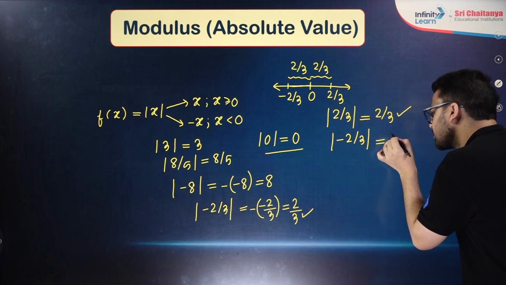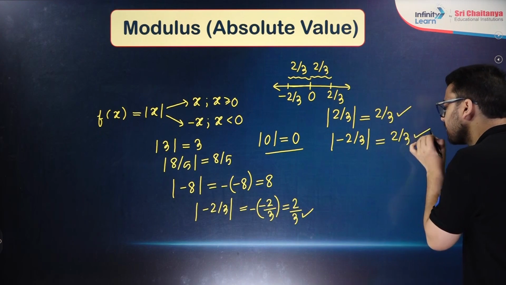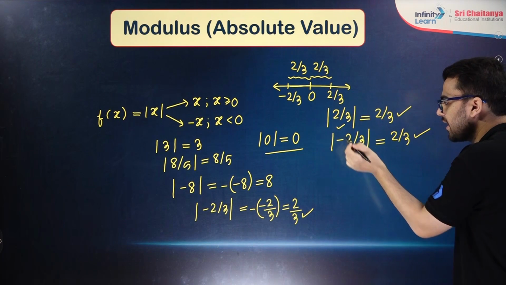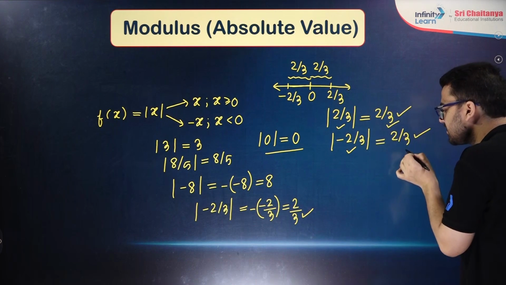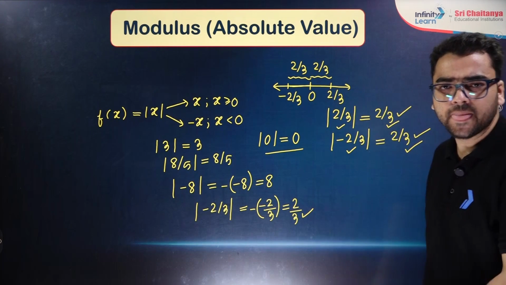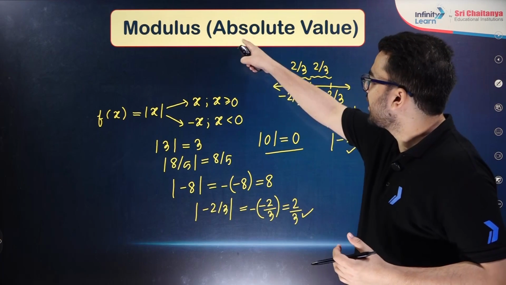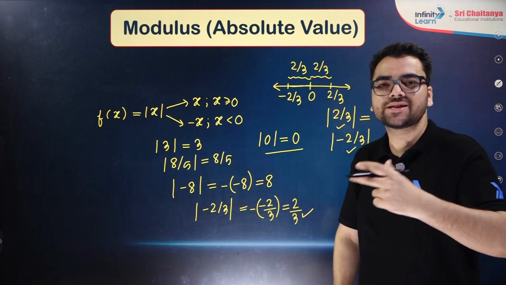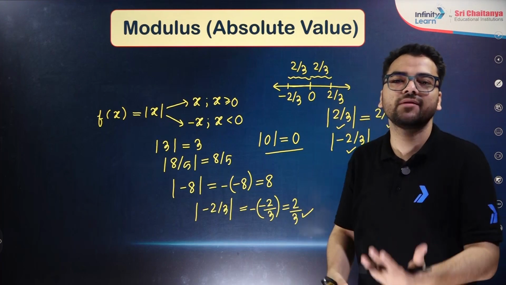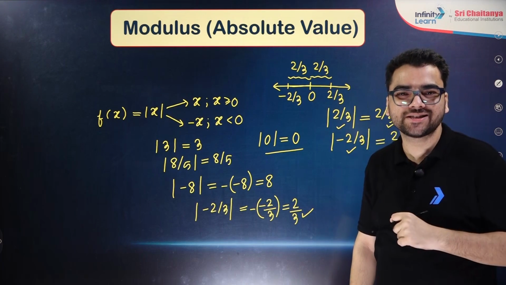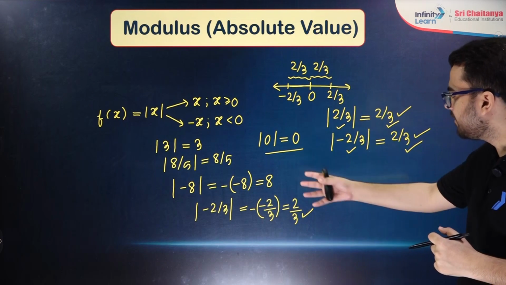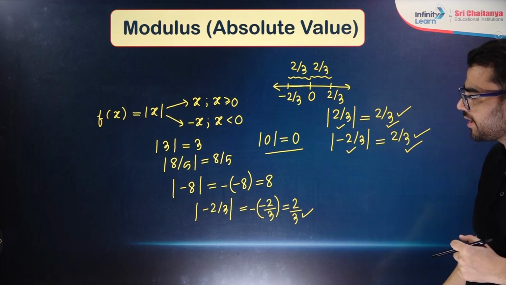So therefore, that is 2 by 3 only. So therefore, modulus of both positive as well as negative numbers is positive only every time. Therefore it is called absolute value. It means you're just taking the value irrespective of the sign. I hope it is clear. So that's all about the basics of modulus over here.